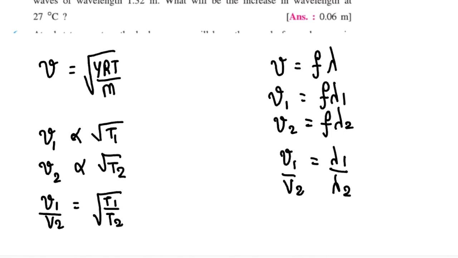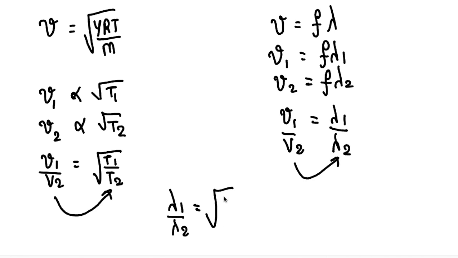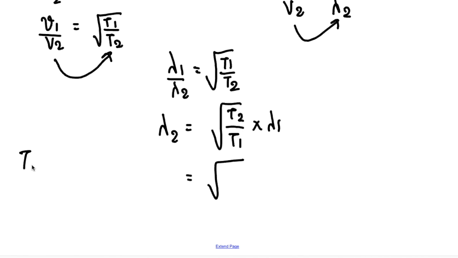Now, comparing these two equations, I can say that lambda 1 upon lambda 2 is equal to root of T1 upon T2. And from here, I can easily get the value of lambda 2, that is equal to root of T2 upon T1 into lambda 1. Temperature T2 is already given to me as 27 degrees Celsius.